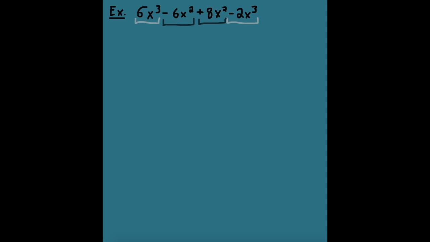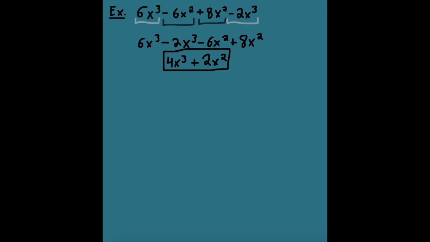So I will rewrite this as 6x cubed minus 2x cubed minus 6x squared plus 8x squared. 6x cubed minus 2x cubed is 4x cubed, and negative 6x squared plus 8x squared is 2x squared. Therefore, our final answer is 4x cubed plus 2x squared.